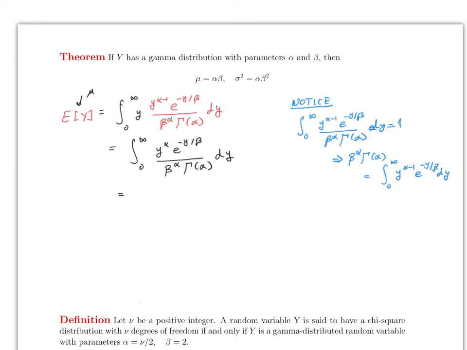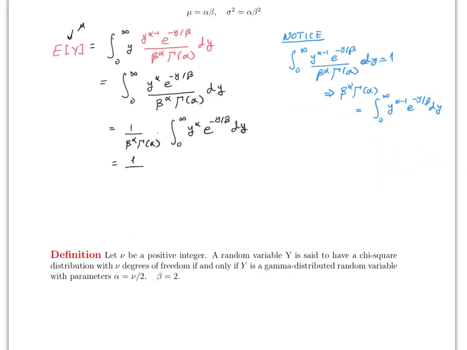Alright, so therefore here you can take out the 1 over beta to the alpha gamma of alpha, times the integral from 0 to infinity of y to the alpha e to the minus y over beta dy.